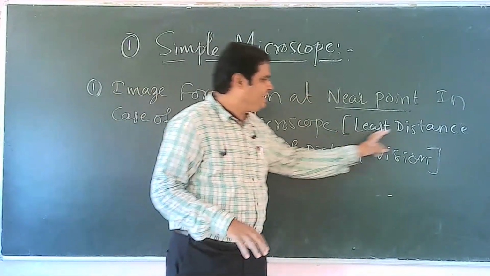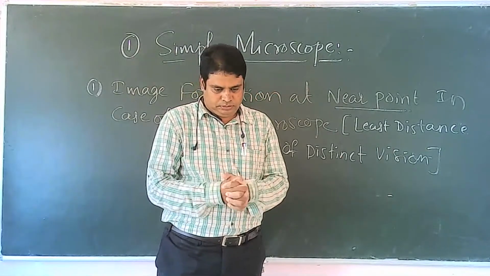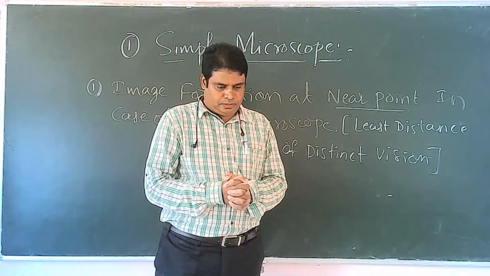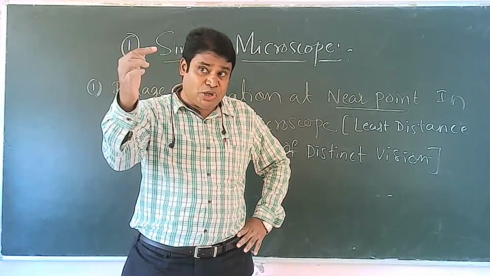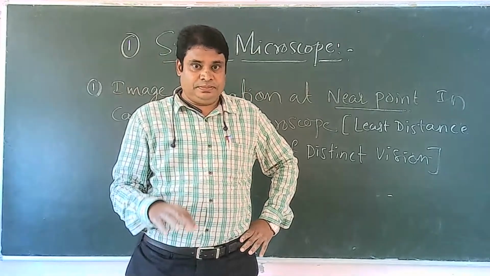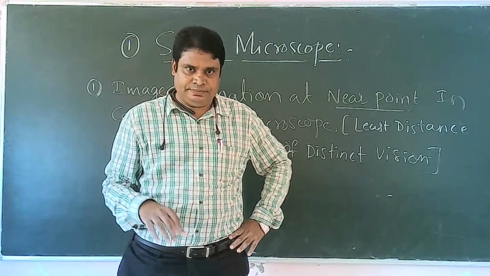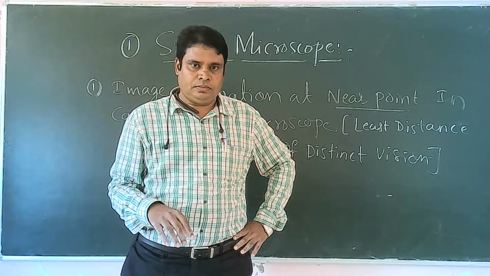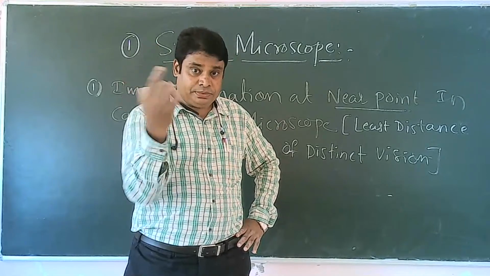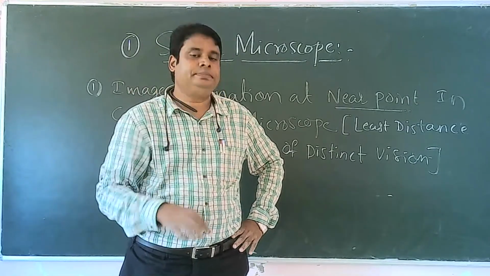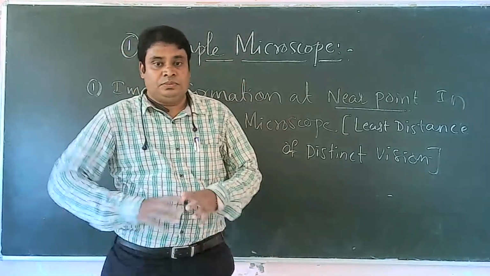What is near point or least distance of distinct vision? The shortest distance is near point, or least distance of distinct vision. The shortest distance for which our eye lens can focus light on your retina.